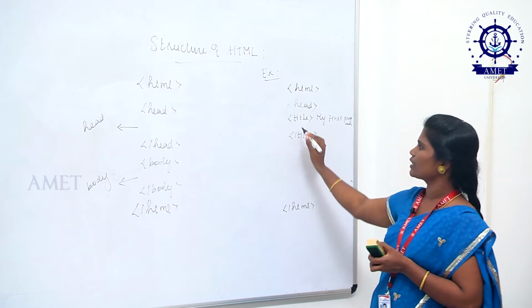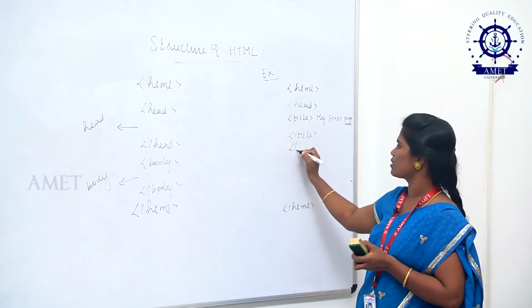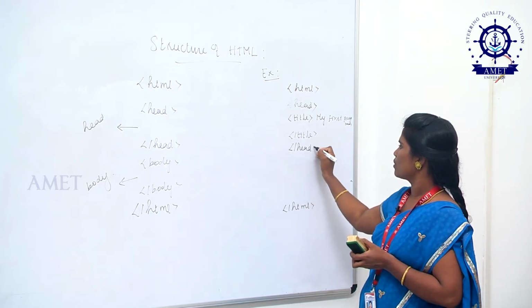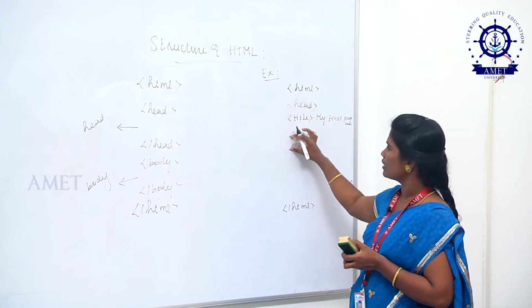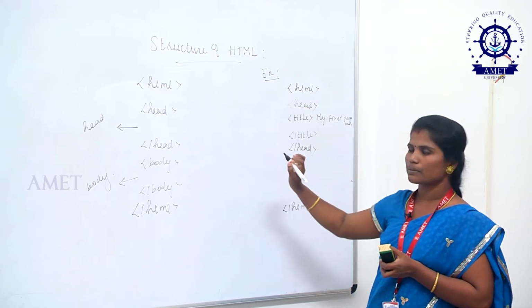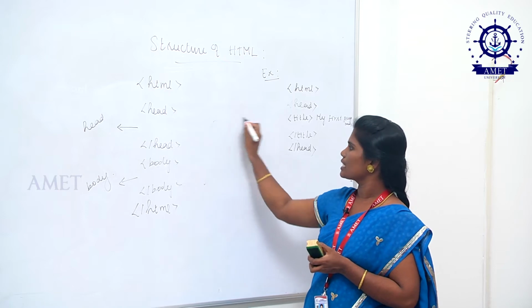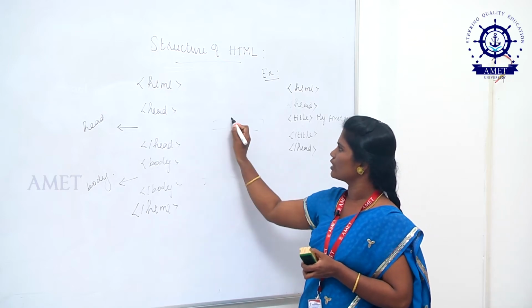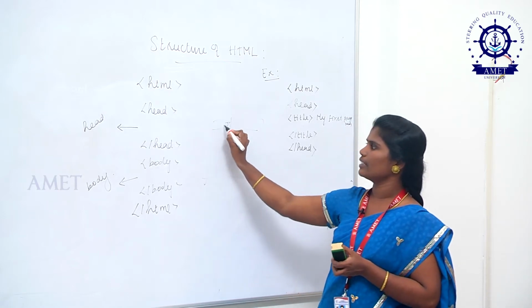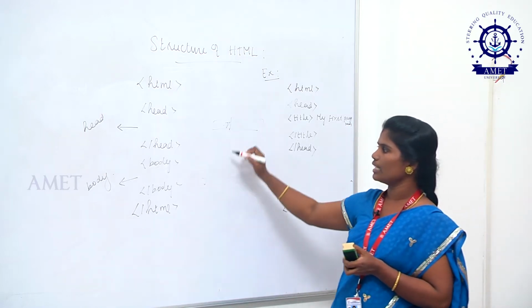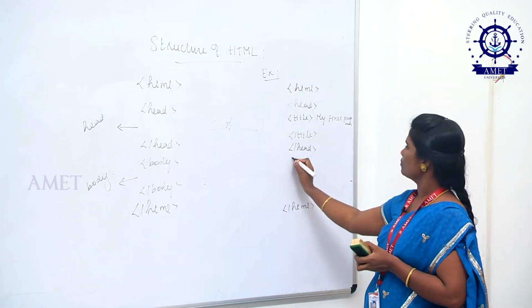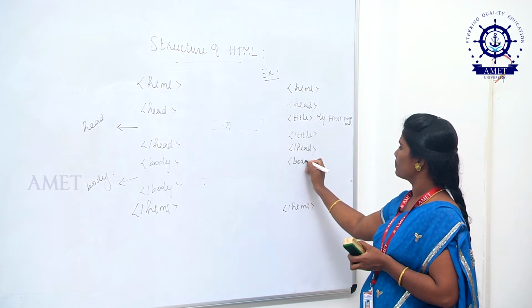After giving the title, you must close the head section. Whatever you are giving inside the head section will be displayed inside the title bar of your web browser. So it will be displayed inside the title bar, not on the web page. Now open a body tag.